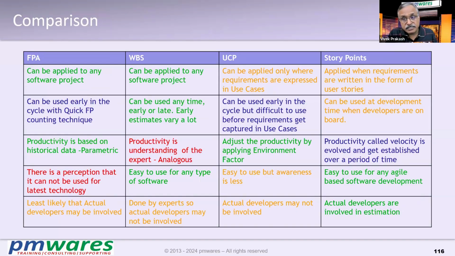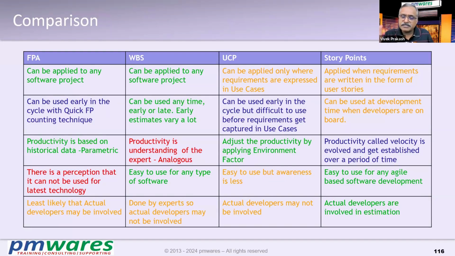FPA can be done early in the cycle. As I said, you need a lot of DETs and FTRs and RETs, etc. But in the initial stage, you may not have them. So what we do in the initial stage is say, fine, we don't have details, let's consider every transaction as an average.